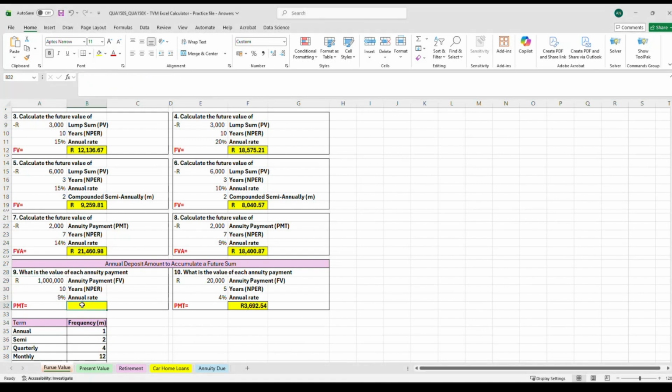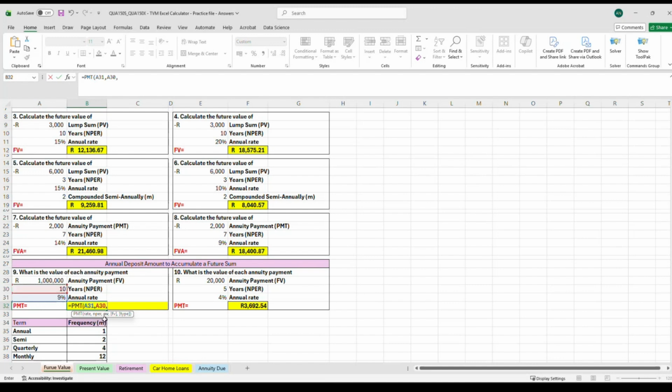Also in Excel, all you need to do is type equals PMT. And once you select PMT, the first thing that Excel says is select the rate. So you need to go select the rate, which is that cell that has the number, not the word. Then after that, you can see on Excel for me, it says I must press a comma. Sometimes on your Excel, it could say a semicolon, but mine says a comma. So rate and then comma. Then now it bolds, I must select NPER, which is this 10, then comma.